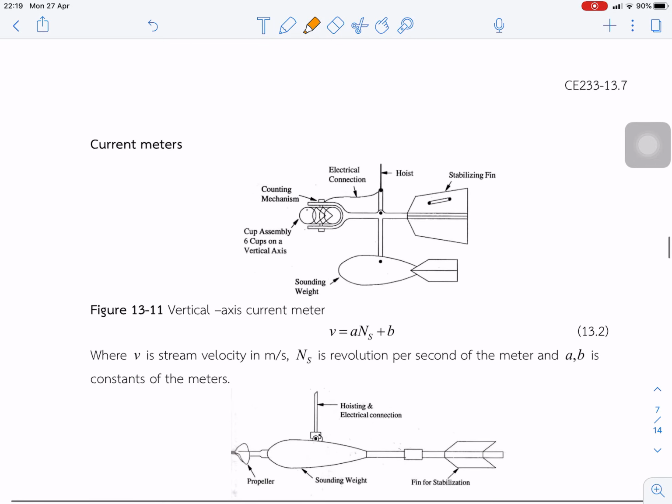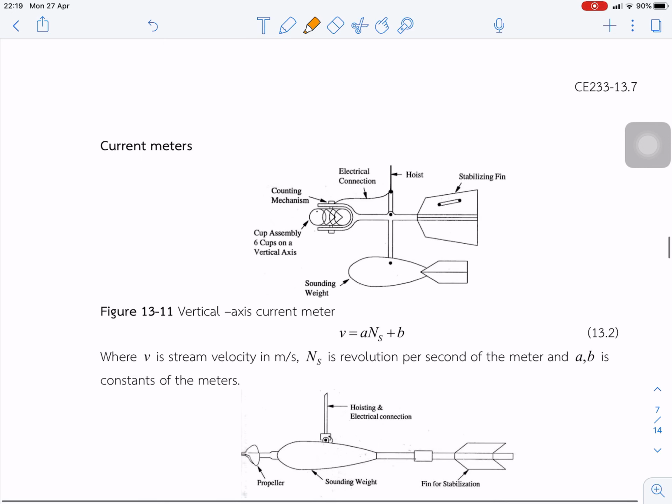Next, when we have divided the cross section into small sections, we have to measure the flow velocity. So we use a current meter to measure the flow velocity.